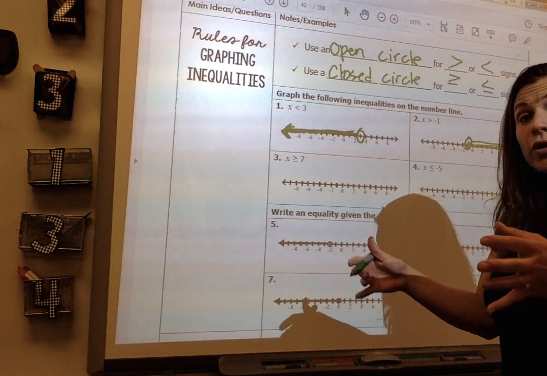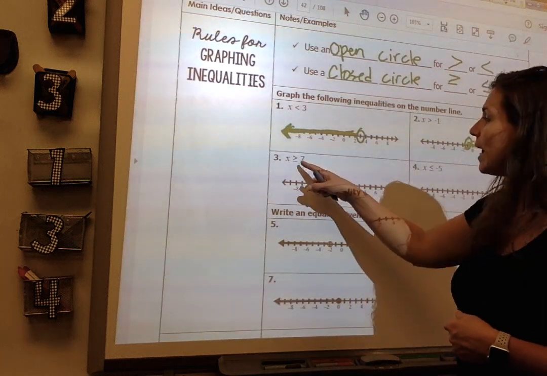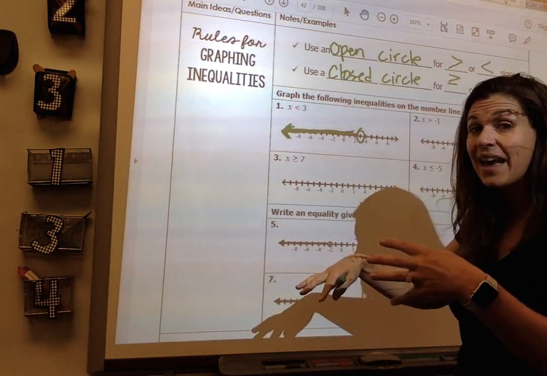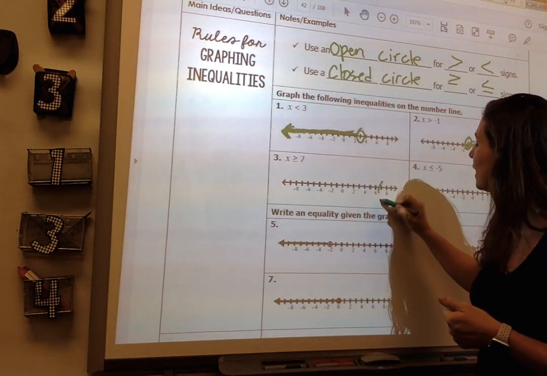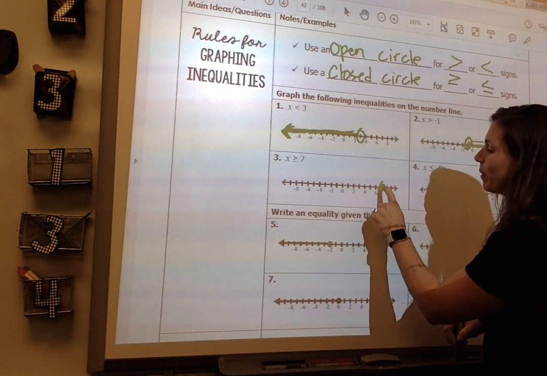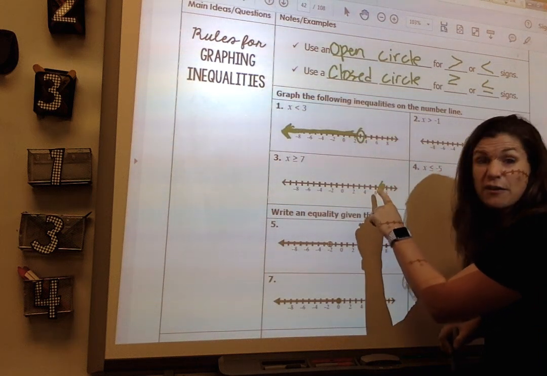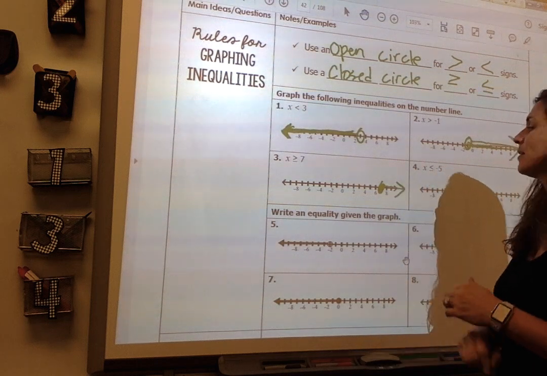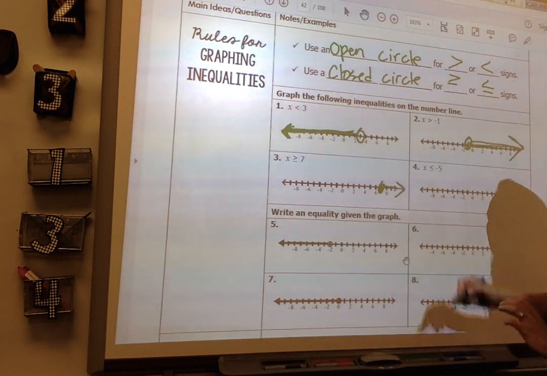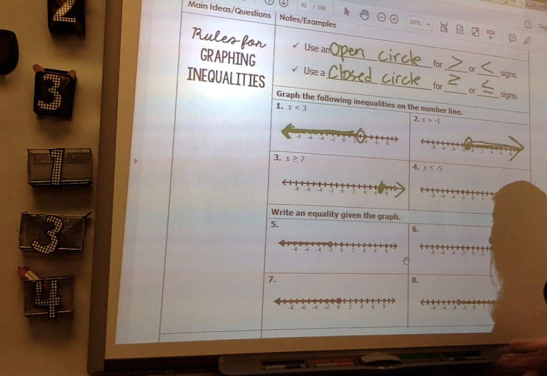Number 3, x is greater than or equal to 7. So can my target number be 7? Absolutely. So that means that if it is 7, I'm going to close in that circle, because that's telling the reader 7 is definitely part of that range, and anything greater than 7. If I look over here, x is less than or equal to -5.